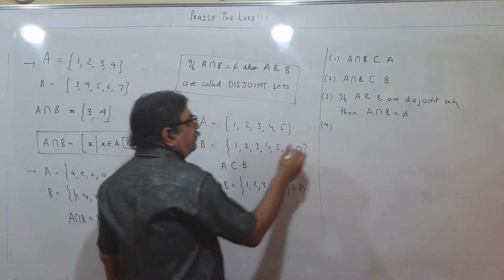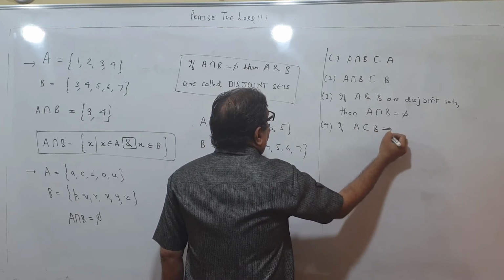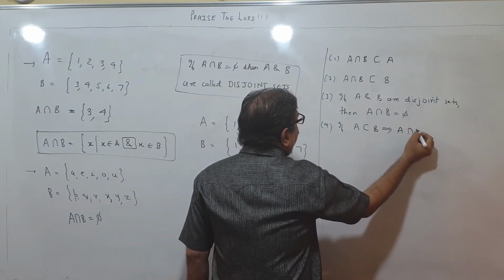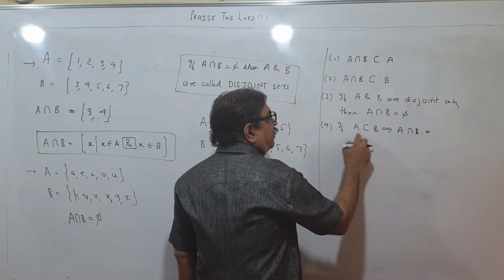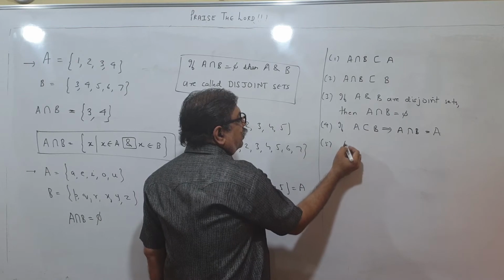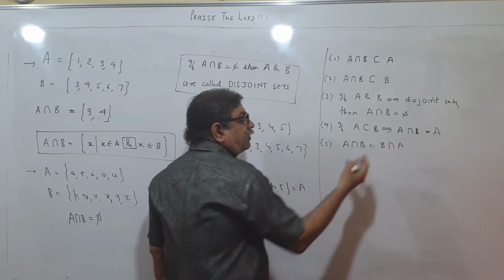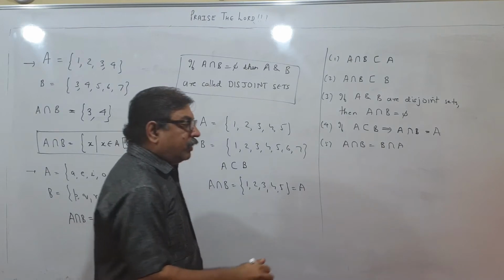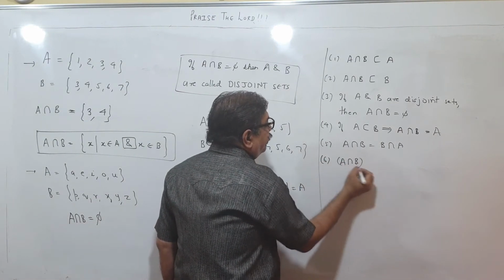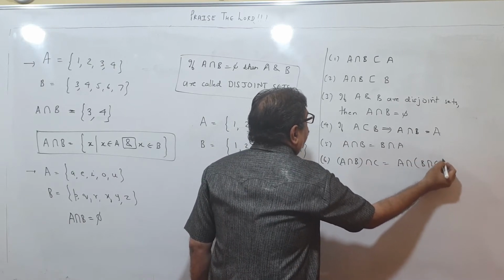If A is a subset of B, what is the intersection? A itself. The smaller set is A, so A intersection B will be A. Then A intersection B will be as good as B intersection A. It will be one and the same thing. Then associative law: (A intersection B) intersection C will be as good as A intersection (B intersection C).